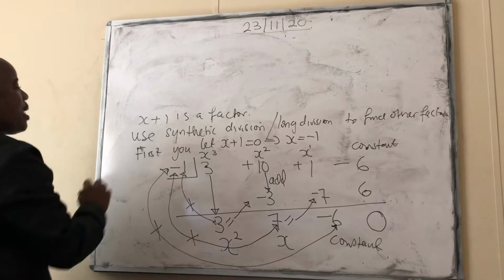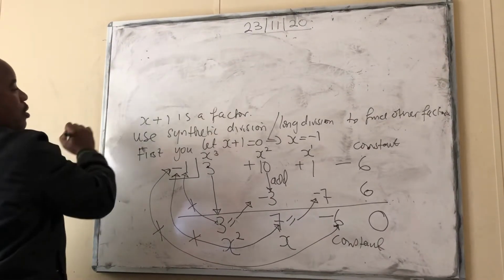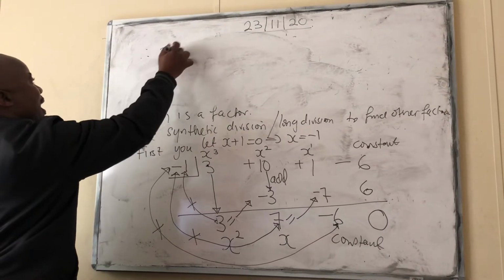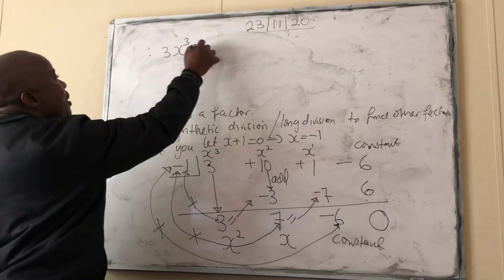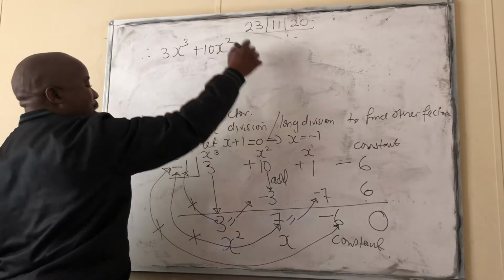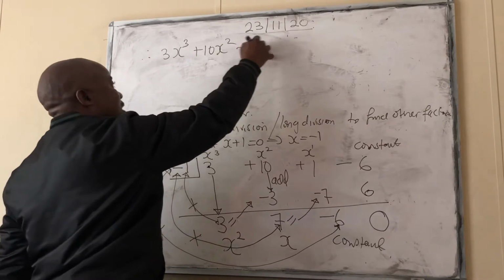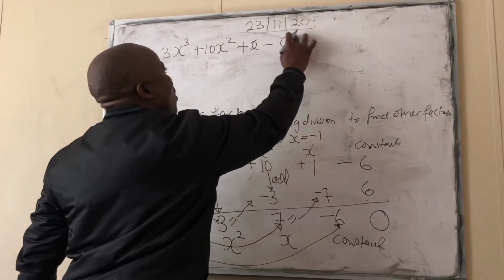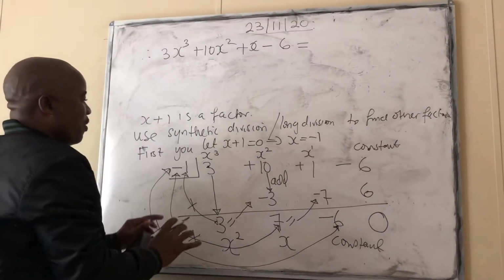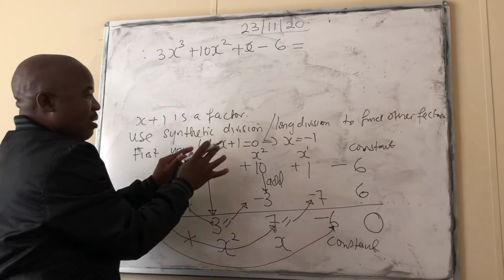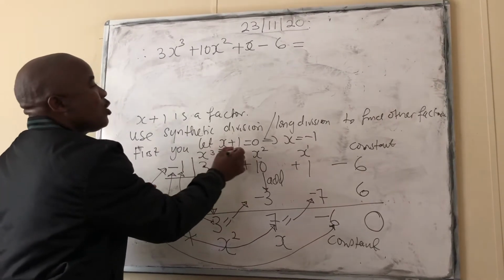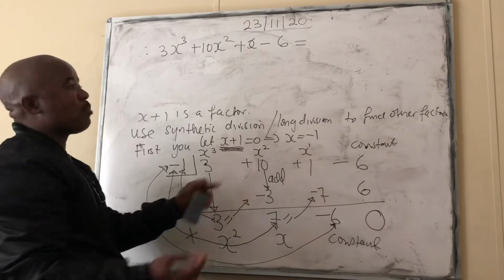So this one now, therefore 3x cubed plus 10x squared plus x minus 6 equals... The first factor is this one, because remember we said x plus 1 is a factor.